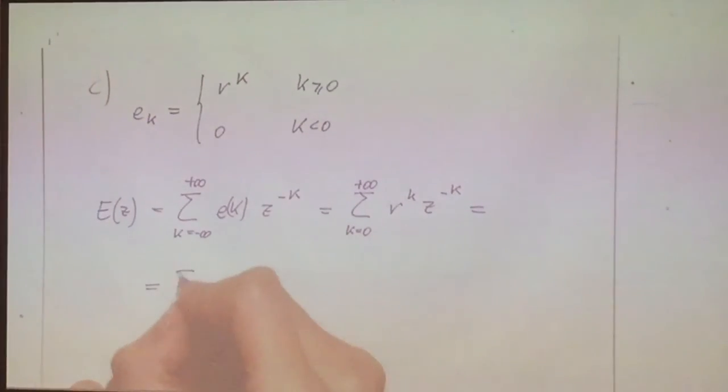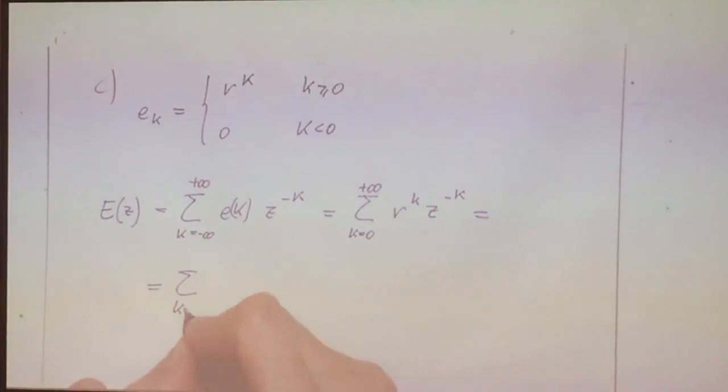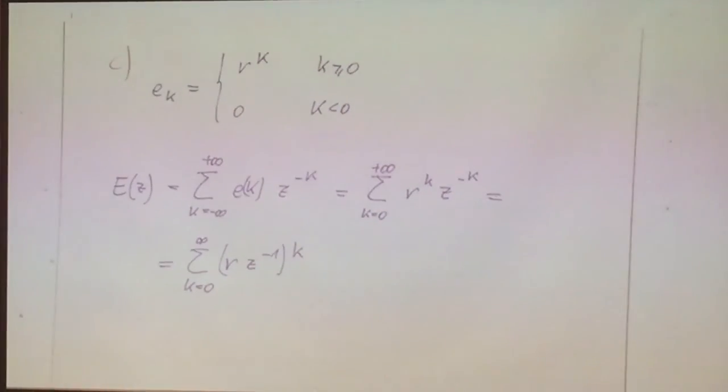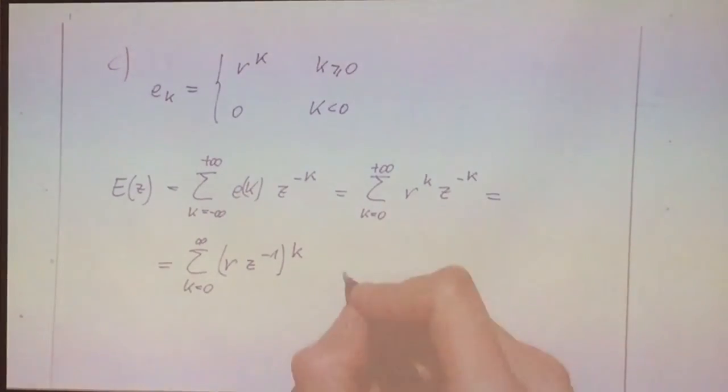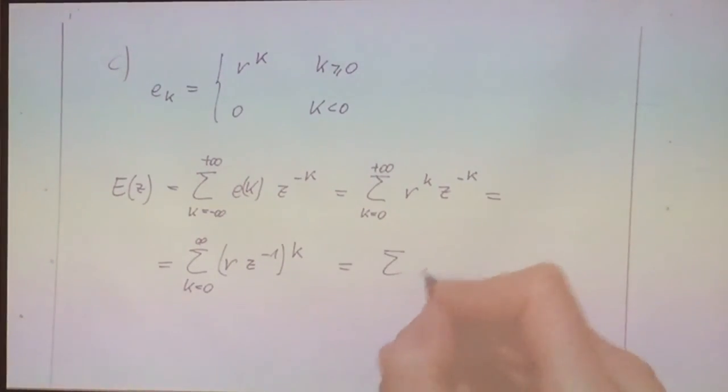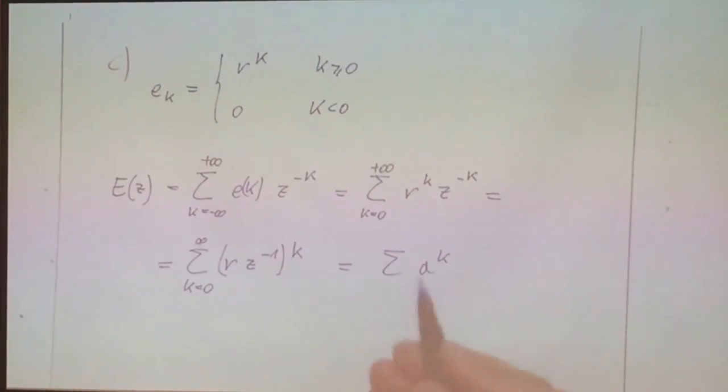And then I can collect the power of k and say that this is r z to the power of minus 1, everything to the power of k. And this is essentially a to the power of k. So a constant, if you want, to the power of k, which means it's a geometric series.